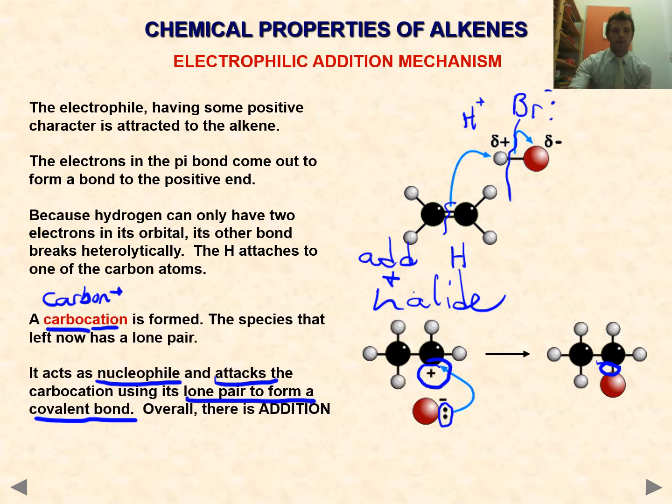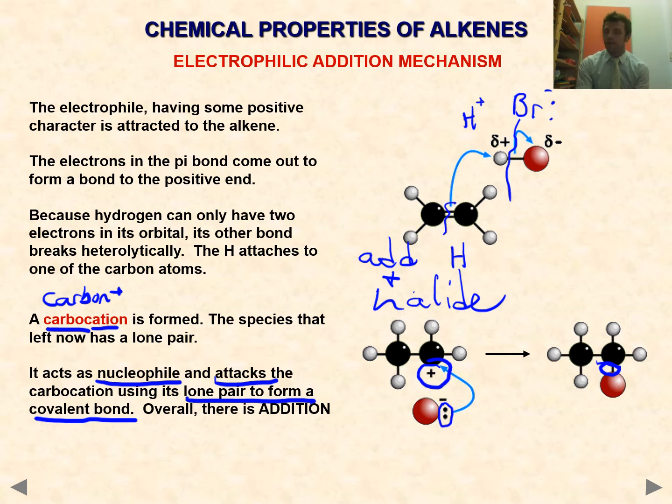We're going to see the actual mechanism for this right now. So you start to see this carbocation right here. And a carbocation is just a carbon that is a cation, a carbon that is positive. This is an incredibly reactive species.